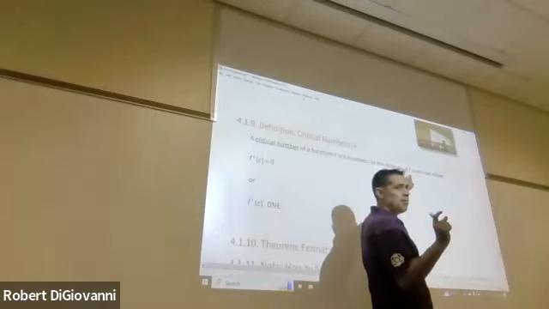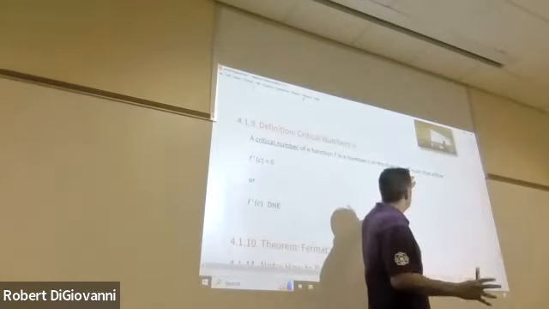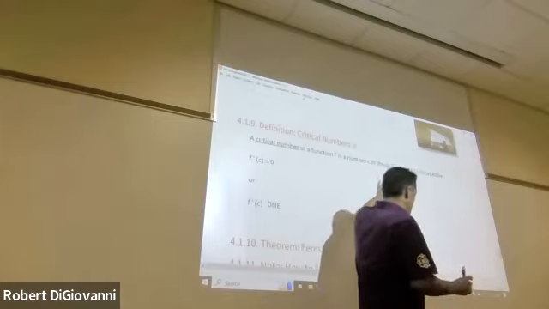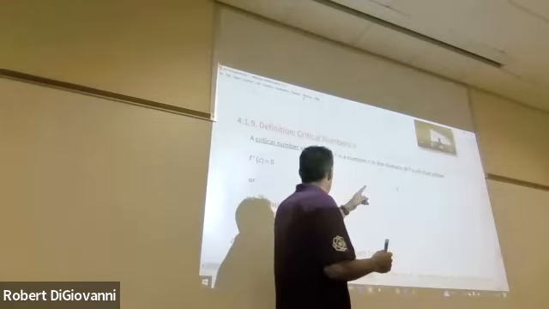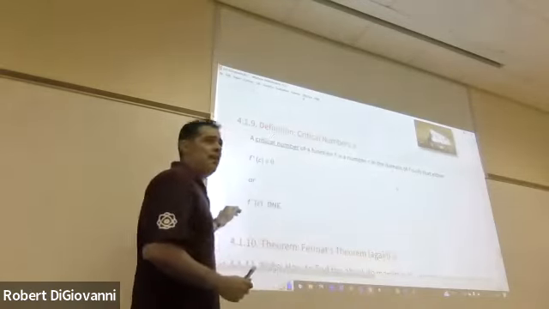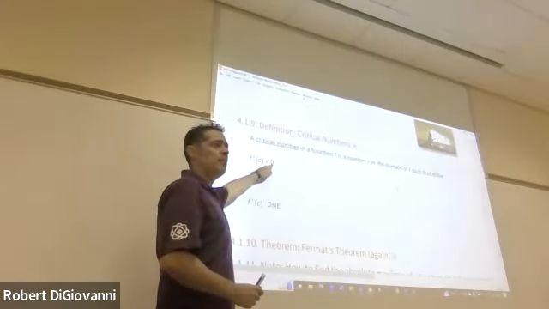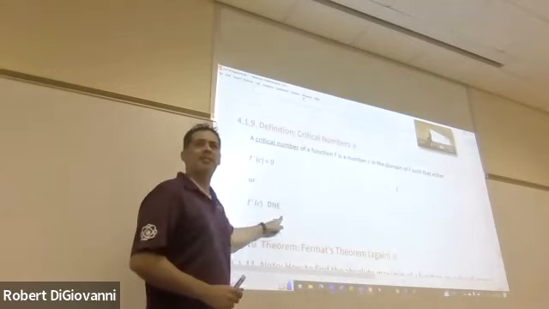So the c that we're talking about has to be within the domain of the function. A critical number is any number c in the domain such that one of these two things is true. Either the derivative at that point is 0 or the derivative at that point doesn't exist.